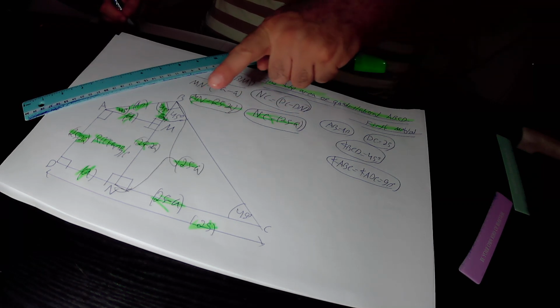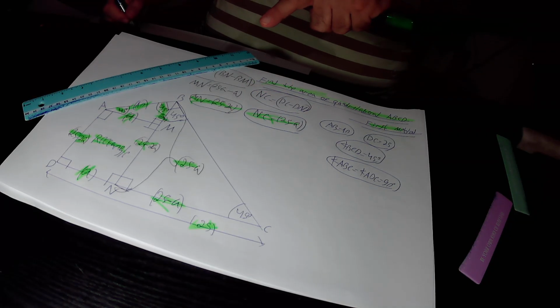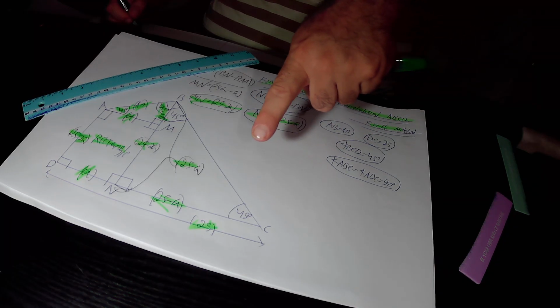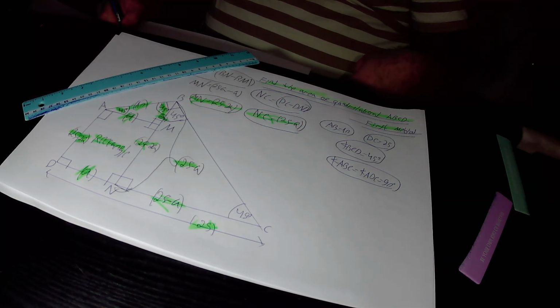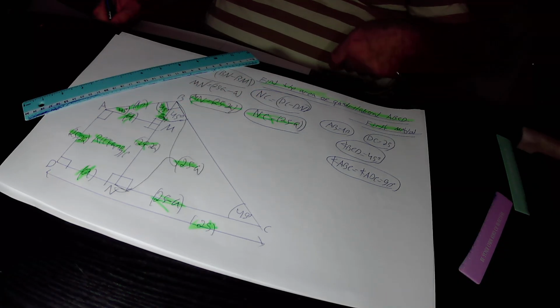What is the area of the right triangle BNC? The area of the right triangle BNC equals the base of the triangle, that is NC, times the height, that is NB, over 2.